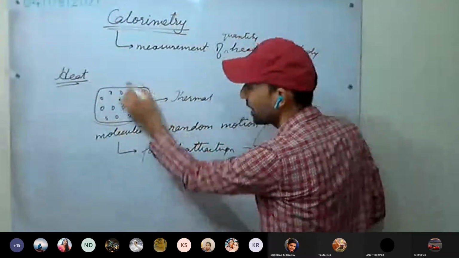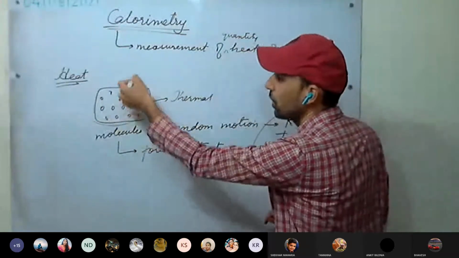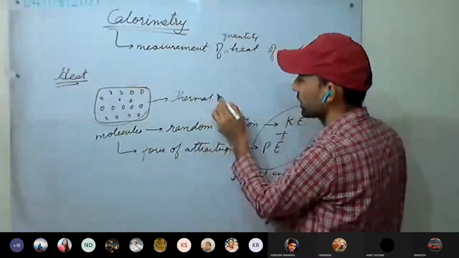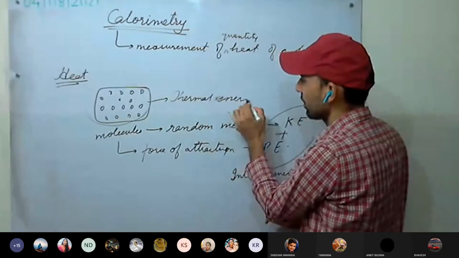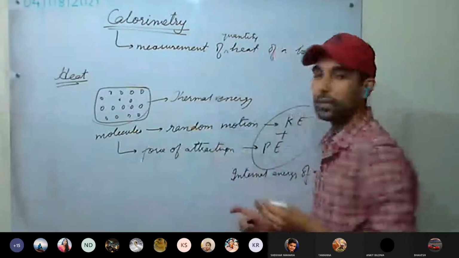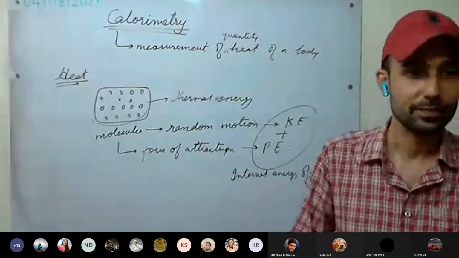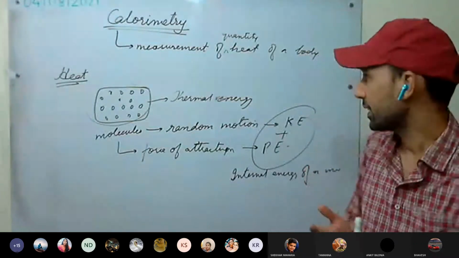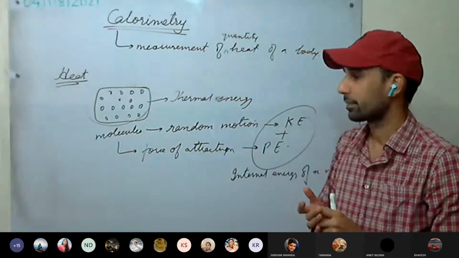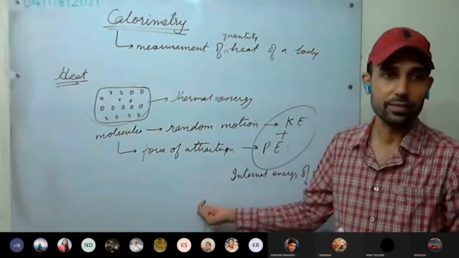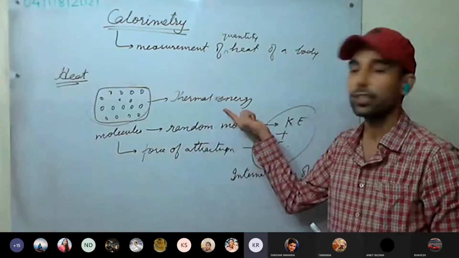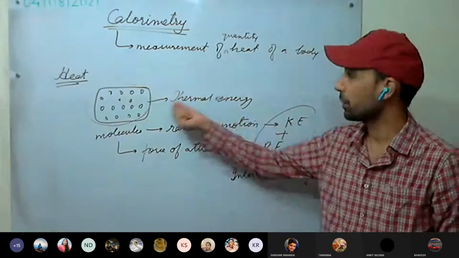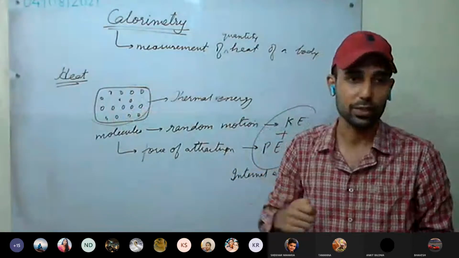If we add all the internal energies of all the molecules of the substance, that will be called thermal energy. And this is nothing but heat energy. Is this clear? Have you understood this one? Yes, sir. Thermal energy is nothing but the internal energy of all the molecules.